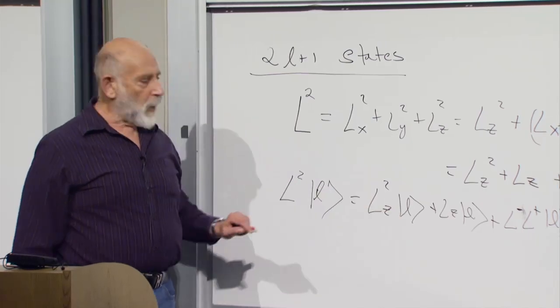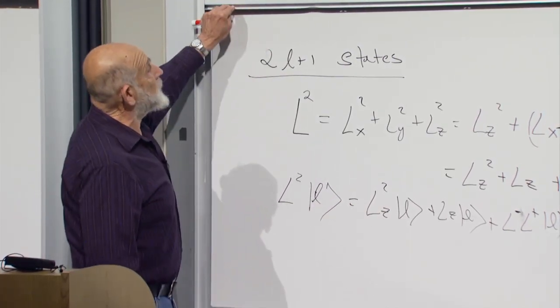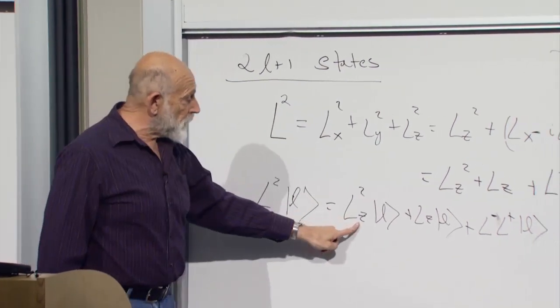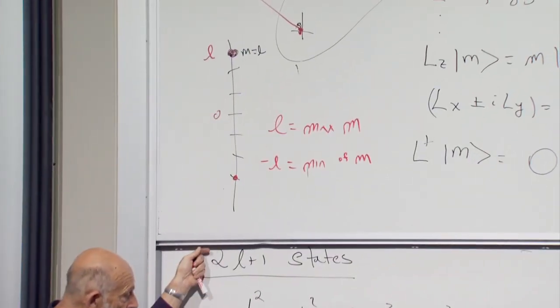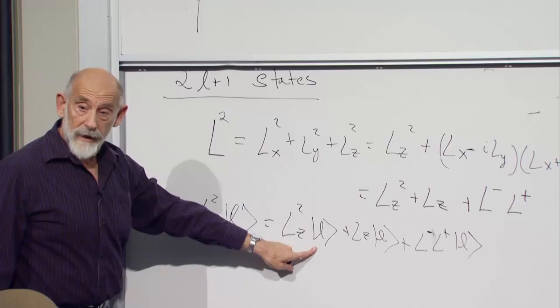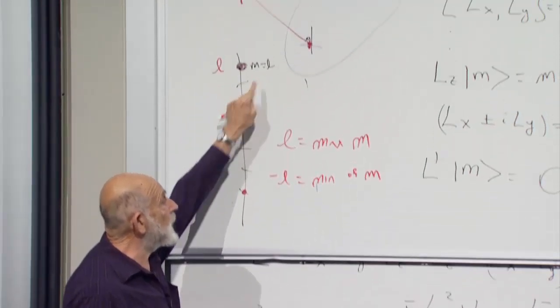Okay, first of all, what is this script l here? It's an eigenvector. Remember what it stands for. It stands for the eigenvector of Lz with the highest possible value in this multiplet. What is Lz? Lz is equal to little l. In the state up here, Lz is equal to little l.